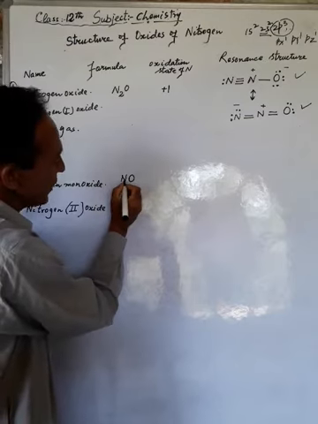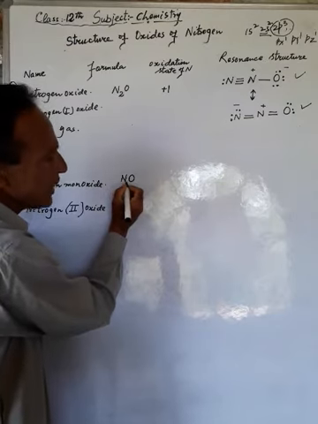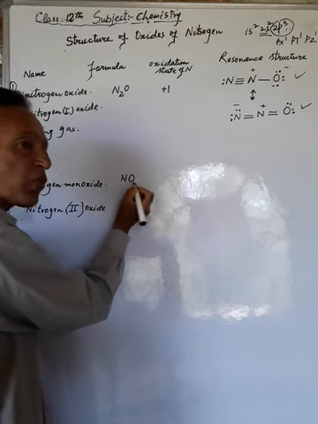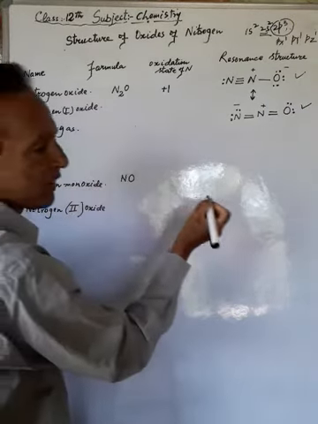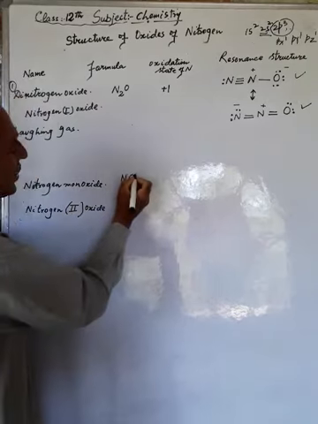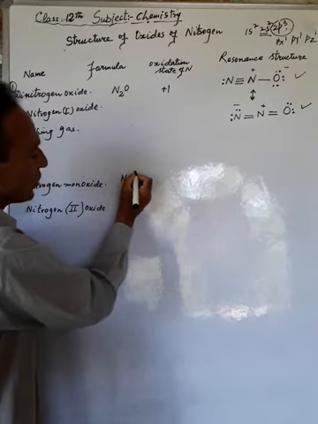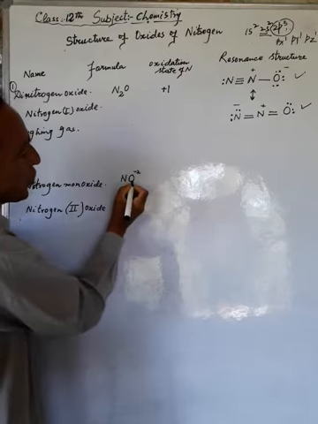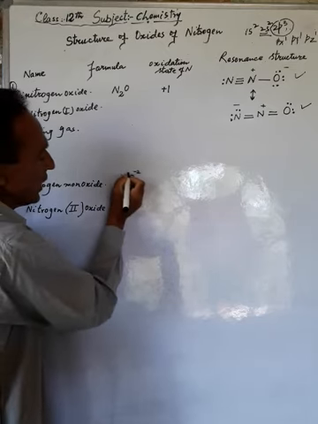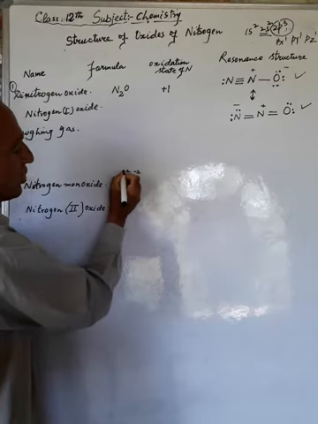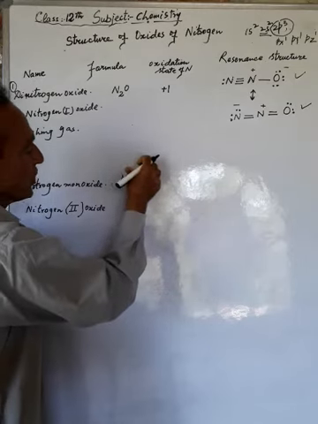Oxygen is more electronegative than nitrogen, and in all compounds oxygen is linked with atoms which are less electronegative than oxygen. Oxygen has -2 oxidation state. So -2 oxidation state, and the compound as a whole is neutral. So in nitrogen second oxide, nitrogen has +2 oxidation state because the compound as a whole is neutral.